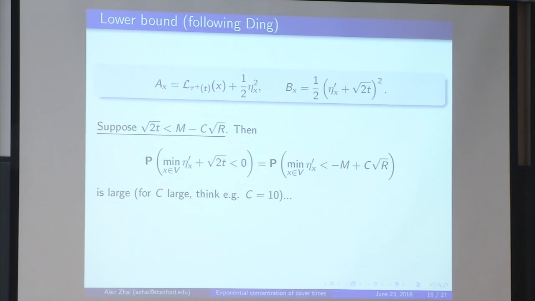And the point is, if root 2t is much less than m, then this eta prime x plus root 2t actually has a good chance of being equal to 0.